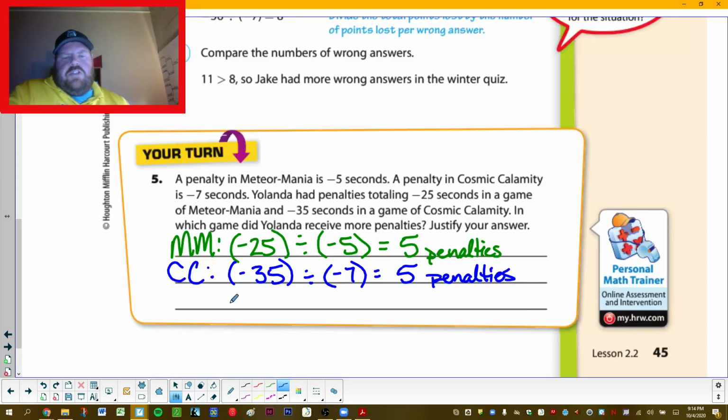So she did kind of the same. She had the same number of penalties in each game.